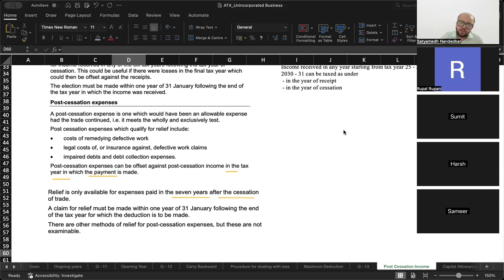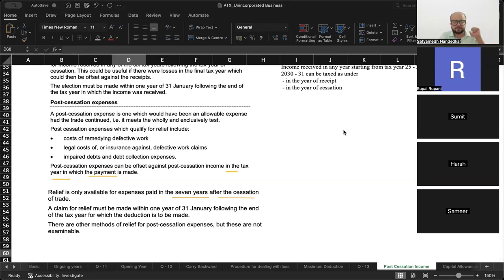In that situation, this expenditure will be allowed for a period of 7 years after the business has ceased. Once that 7 year period is over, then you cannot claim. And honestly, 7 years in my opinion is a very long period of time. If after that you are incurring any expenditure, I am doubting your commercial acumen in this case.